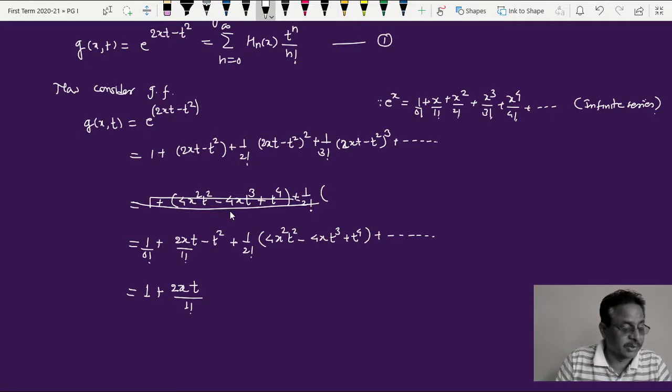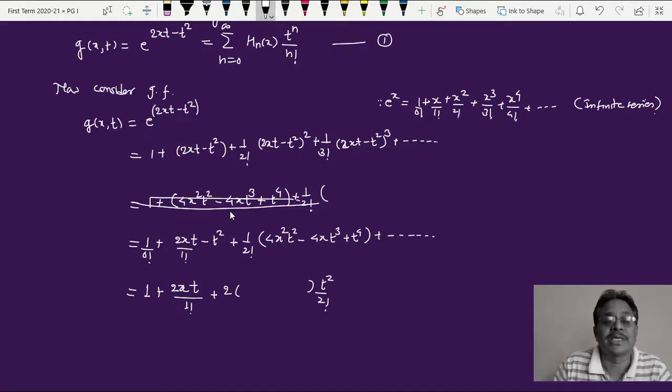So this is my first term, and plus I'll get 2 into, now this is t square here, and this is 4 upon 2 factorial. You can write t square upon 2 factorial as it is.